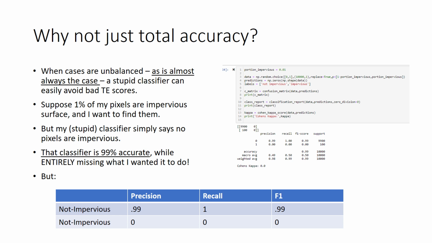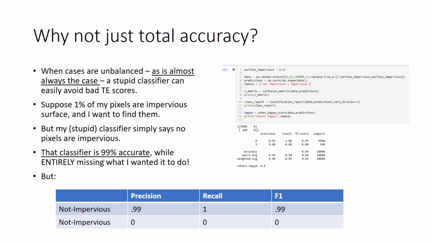There's only so many roads and houses and sidewalks that we have. Most of what we have is still green space, right? Not everywhere, not downtown, but over the course of the whole city, we could maybe guess that 1% of our pixels are impervious, just as a ballpark.